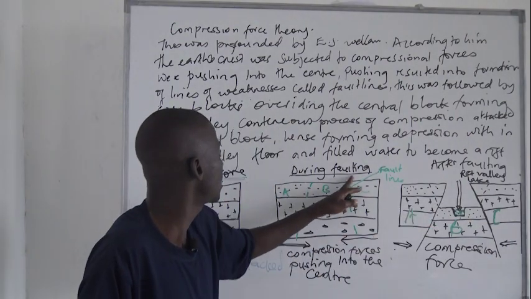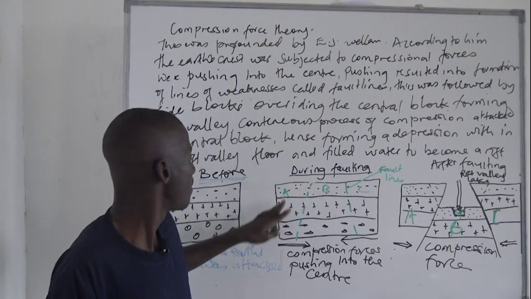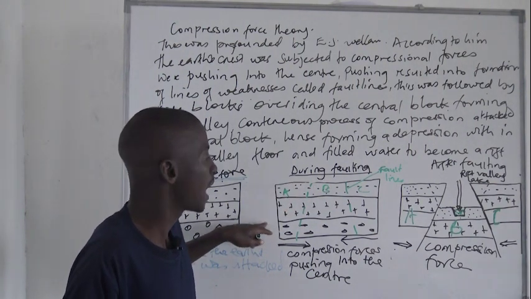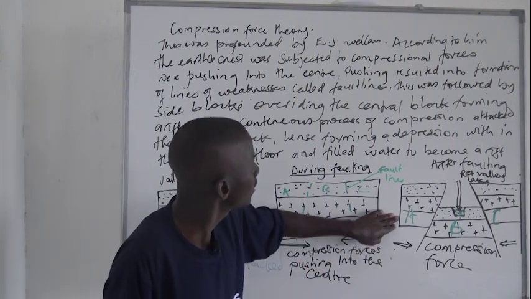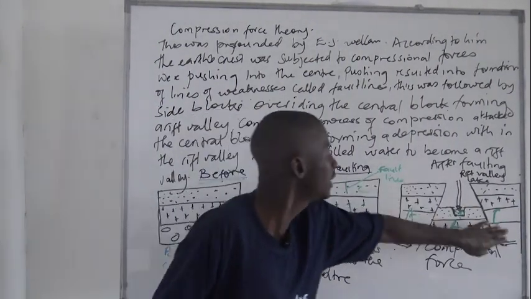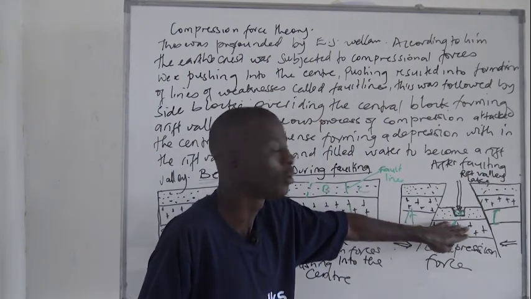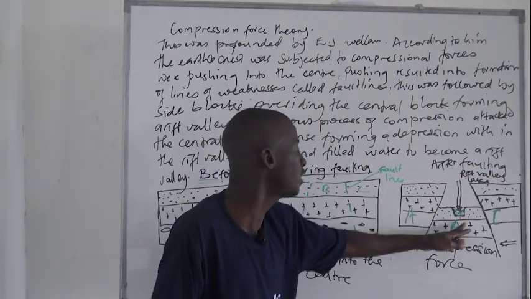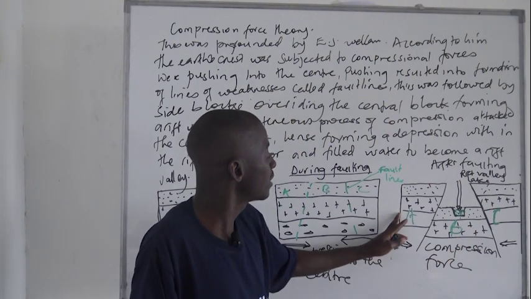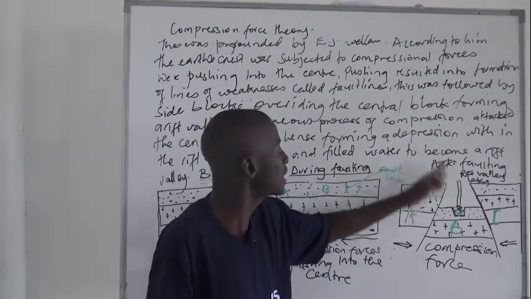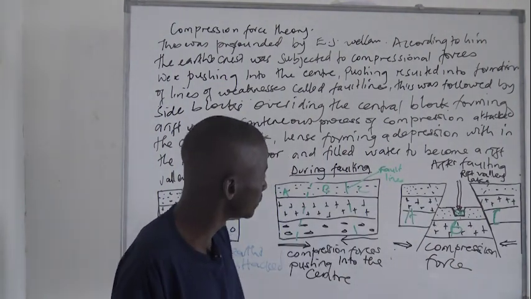This time they were at the same level. This is the level of the Earth's crust. But now they were pushed hard into the sides by compression forces. So these ones went up, and the other side also went up. But block B, which was in the middle, remained stable at the same level it was initially. So after some time, this rose up and the other rose up, creating something that looks like that one.